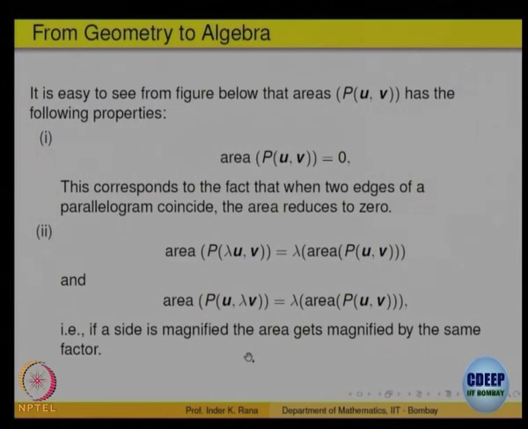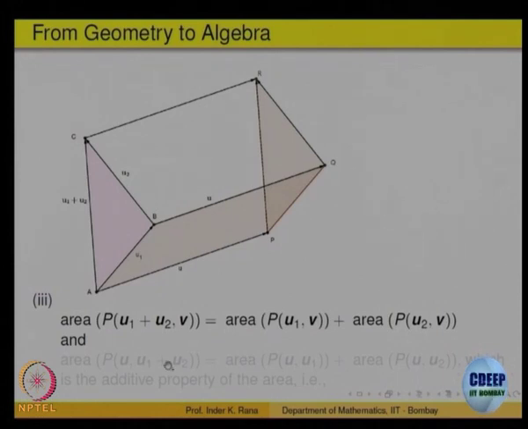And there is a third property, namely if I take two vectors U1 and U2 and add them, I get a new vector U1 plus U2, and I can form the parallelogram given by U1 plus U2 and V. Then it is easy to see from the geometry, I will just show you, that this area is the same as the area of the parallelogram U1 and V plus the area of the parallelogram spanned by U2 and V. That is quite easy to see.